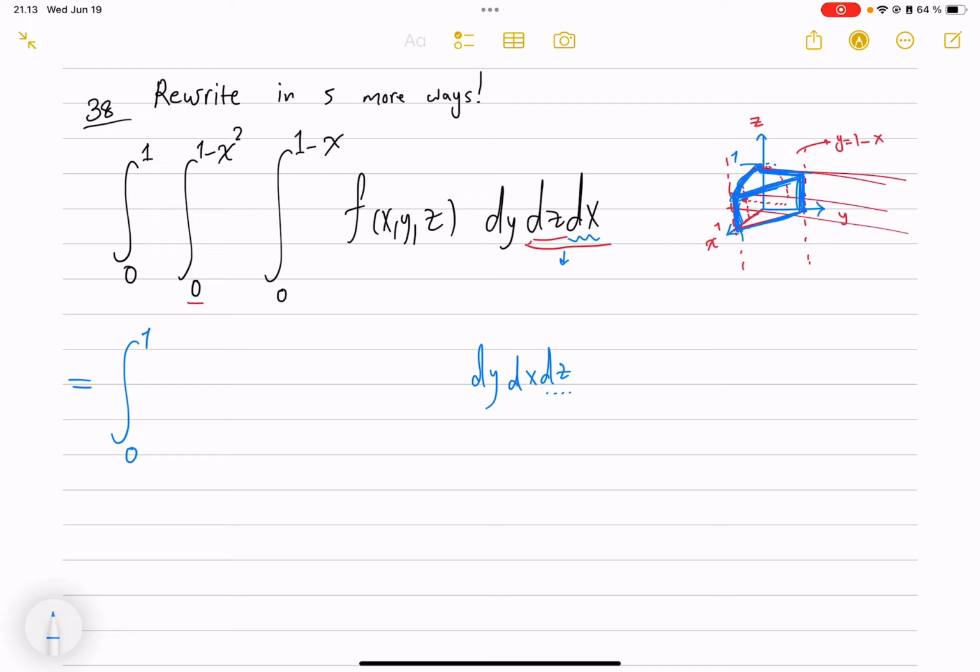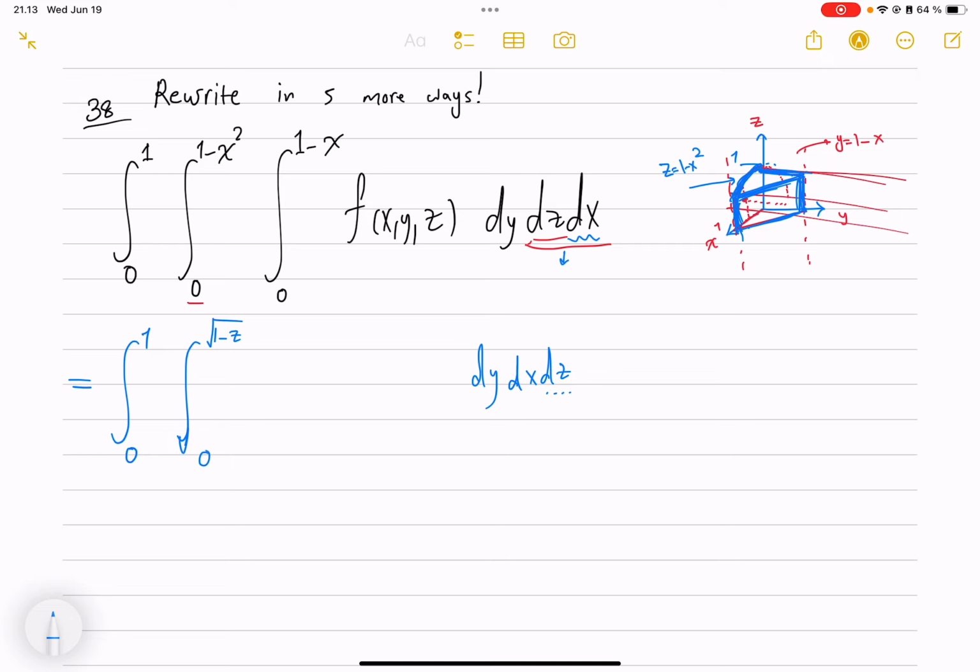And when z goes from 0 to 1, what is the range of x? So x and z are related by z equals 1 minus x squared. So x in terms of z will be the square root of 1 minus z, and it's the positive side.